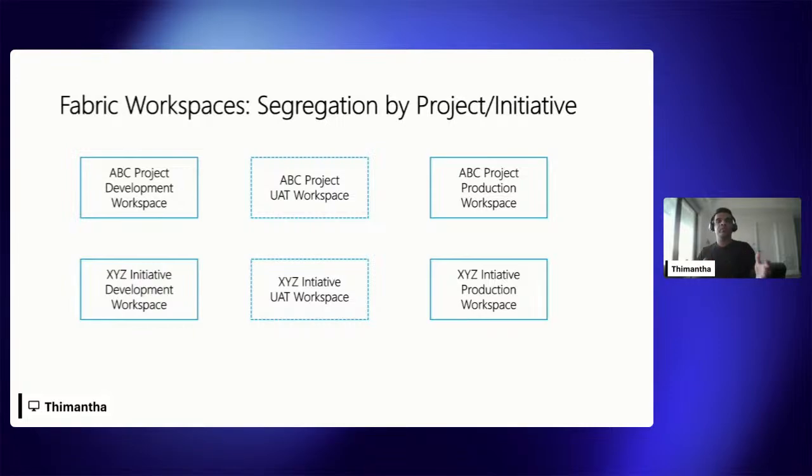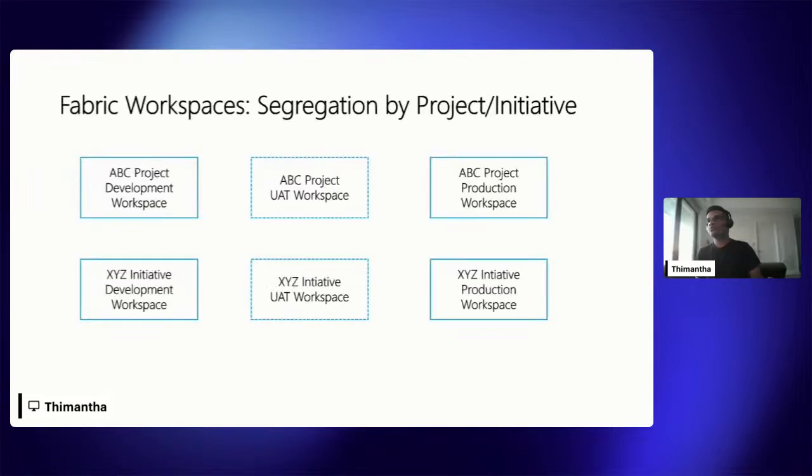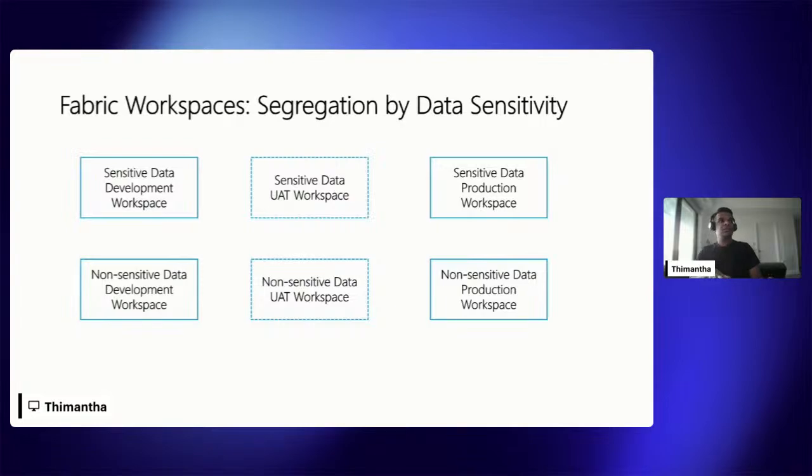That is why workspace segregation is important: you can segregate the Fabric items to accommodate the 1,000 item limitation. That is simply the approach to manage workspaces to accommodate this limitation.